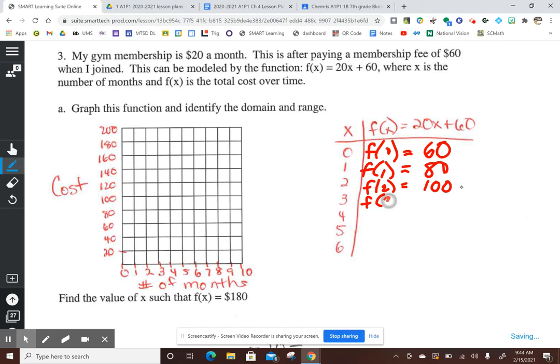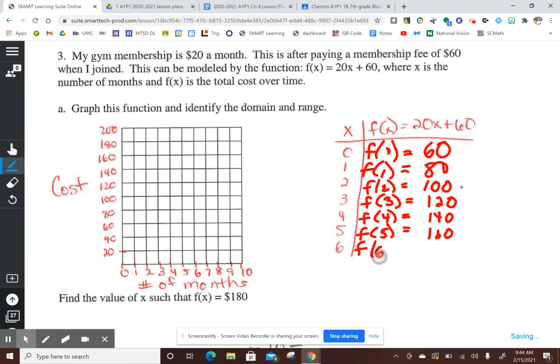F of 3, 20 times 3 is 60, plus 60 is 120. F of 4 is 20 times 4 is 80, plus 60 is 140. F of 5 is 100 plus 60 is 160.